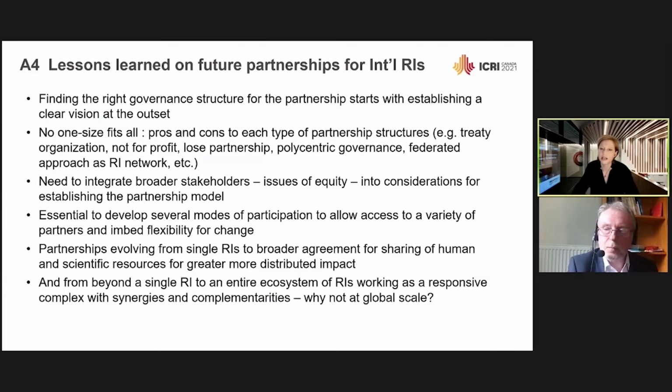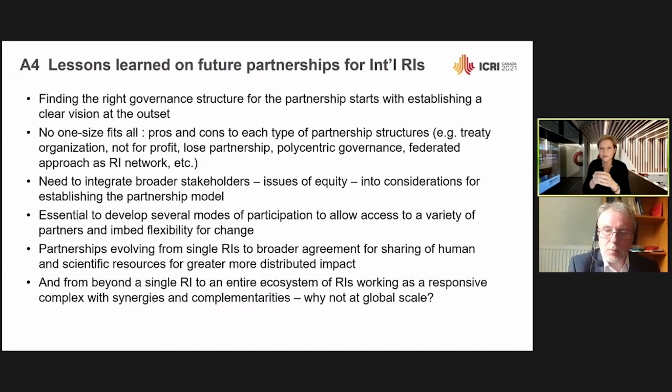It was seen as an essential route for any governance structure to have these multiple entry points. And going into a more strategic aspect, which touches upon what Frederick just said, we should maybe start with a partnership centered around a single large research infrastructure, for example, and build a wider agreement around that, a broader collaborative agreement focused on training, skills and technology sharing that goes way beyond that infrastructure.